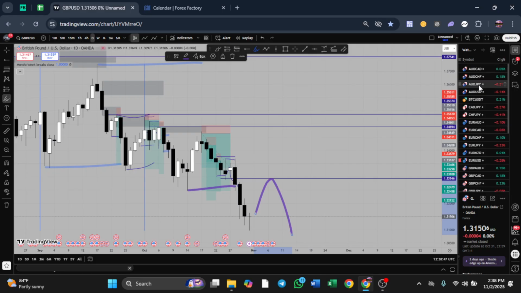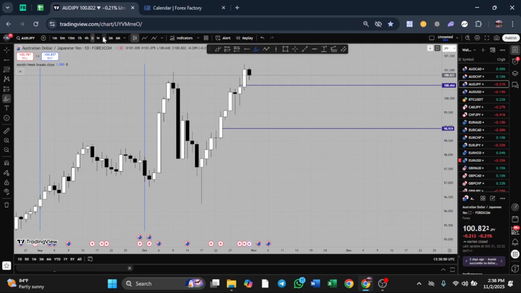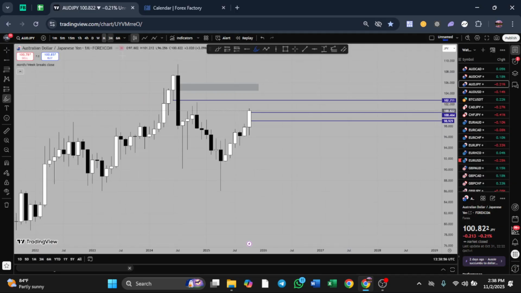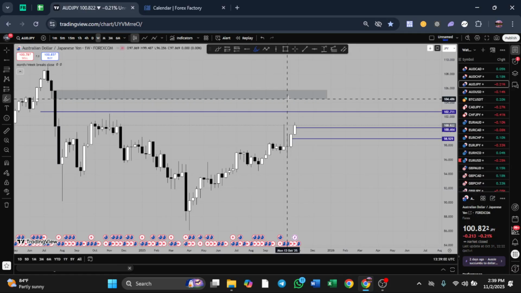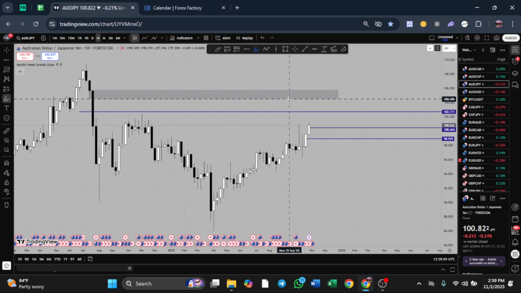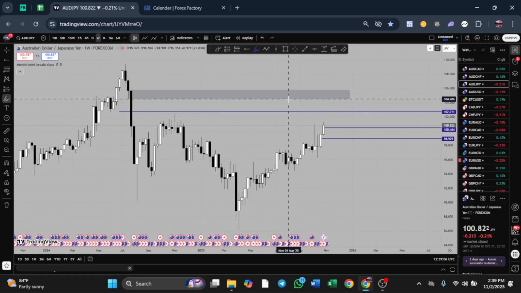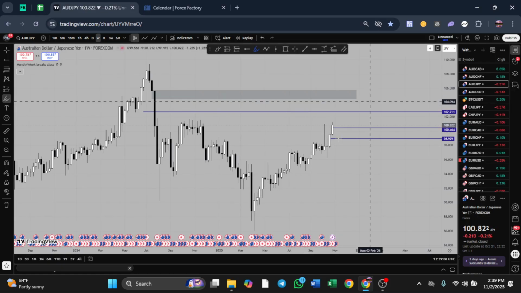looking at the yen, it is actually weak, so I've got my yen strength, yen weakness on the board. Got my Aussie kind of strength. We have the USD strength, we have the CAD strength, we have Swiss strength, we have pound weakness and NZD weakness.